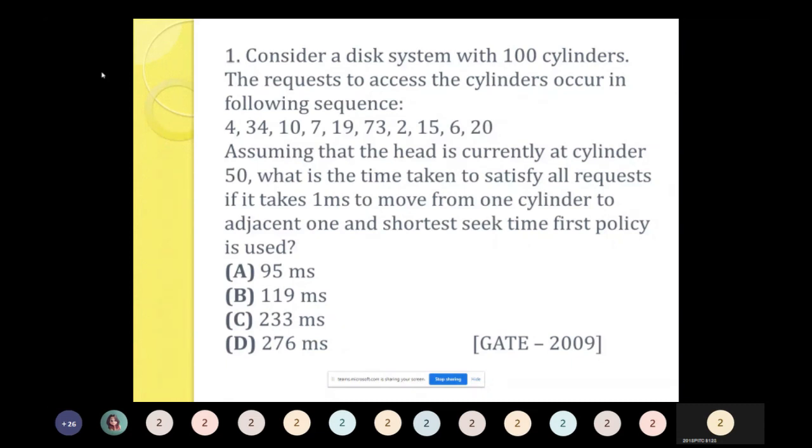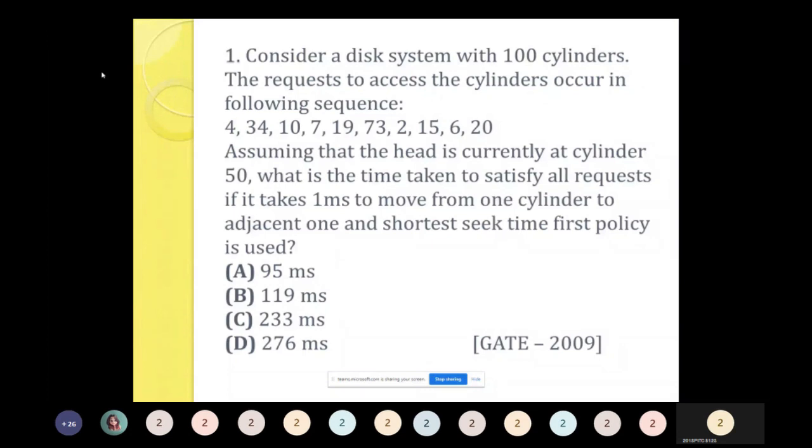These are the cylinder numbers. Assume the head is currently at cylinder 50. After accessing the 50th cylinder, what is the time taken to satisfy all requests if it takes 1 millisecond to move from one cylinder to an adjacent one, and the shortest seek time first policy is used?